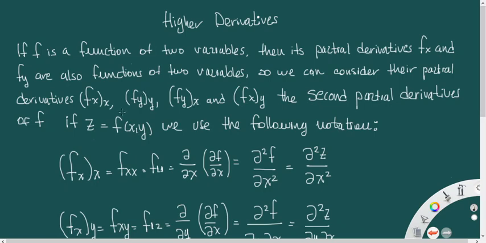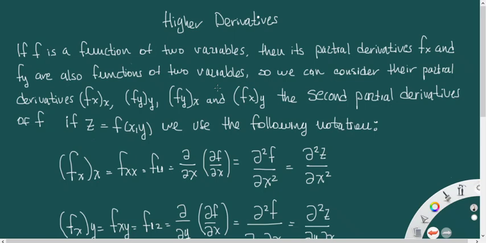Those are the result of applying differentiation to the main function, and those partial derivatives with respect to x and with respect to y are also functions of two variables, because most of the time you will see x and y showing up in your results. So either the main function or the partial derivatives of the main function are functions of two variables.